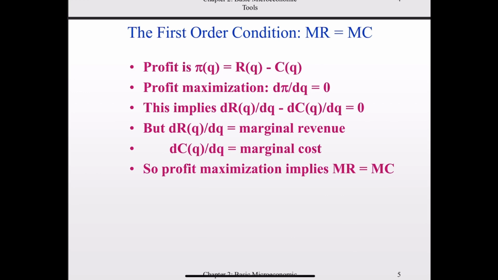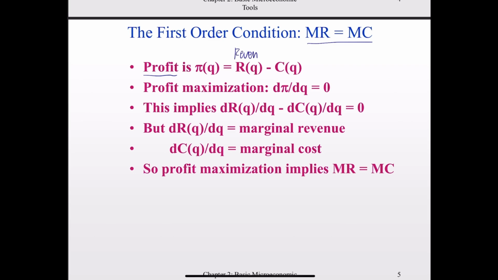Now let's break down the first order condition for profit maximization, which states that marginal revenue equals marginal cost. We will walk through this step by step, explaining each part. First, we define profit. What is profit? Profit is equal to revenue minus cost.